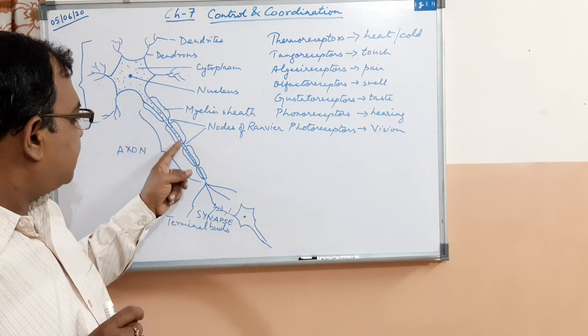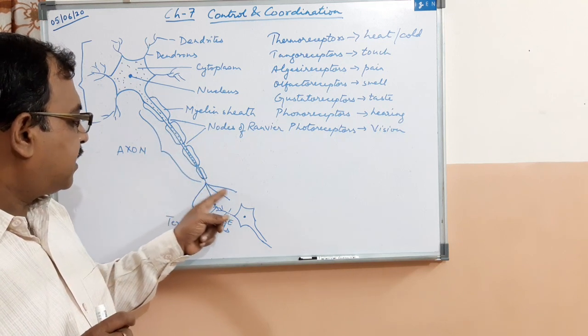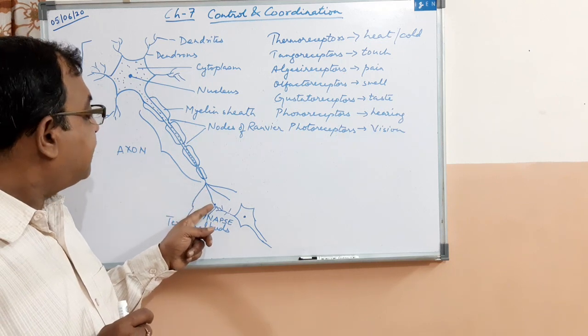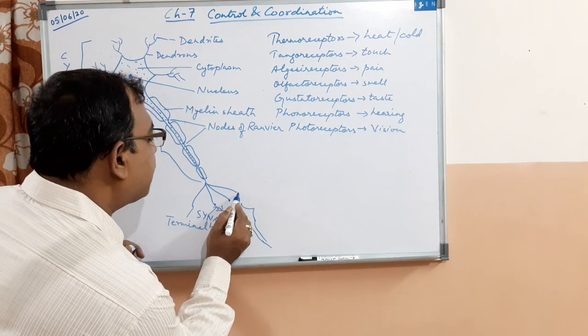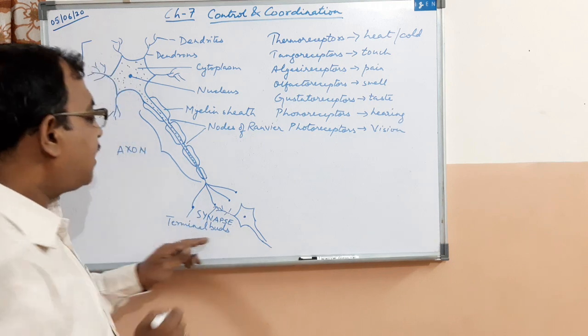The impulse travels to the end and goes to the terminal branches of the axon. At the end of the terminal branches there are bulbs. These are called terminal buds.